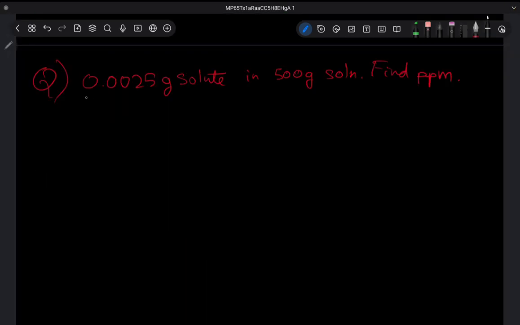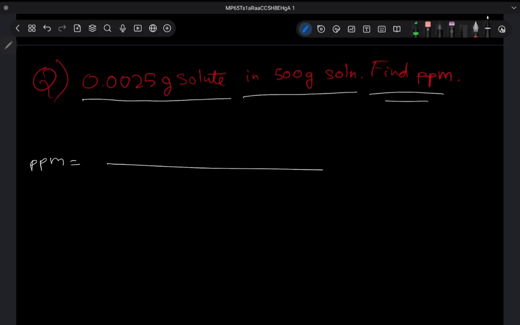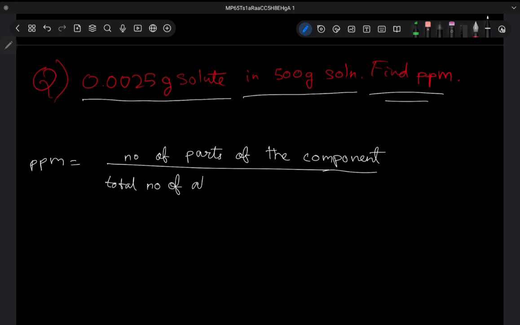Where it has been asked, 0.0025 gram of solute in 500 gram solution, find ppm. So we know ppm is number of parts of the component divided by total number of all components of solution into 10 to the power 6.